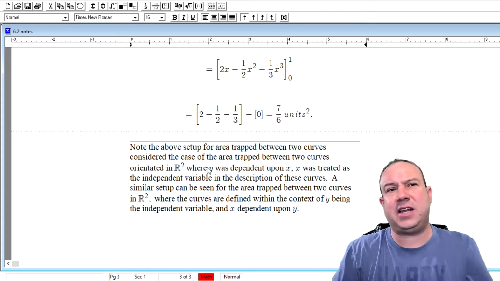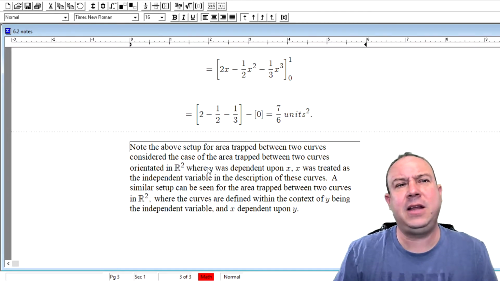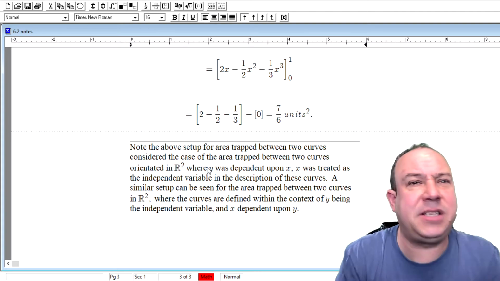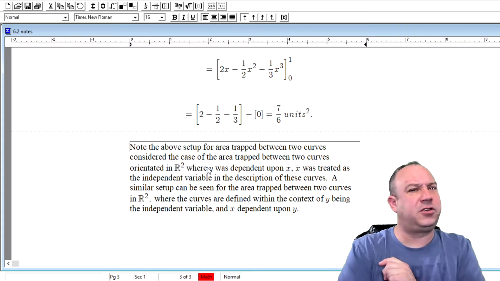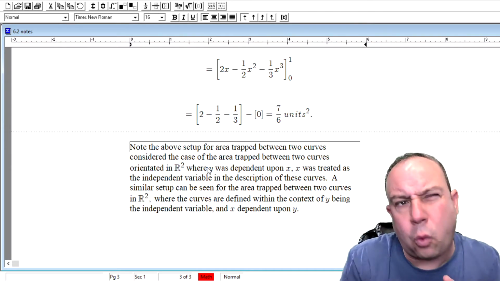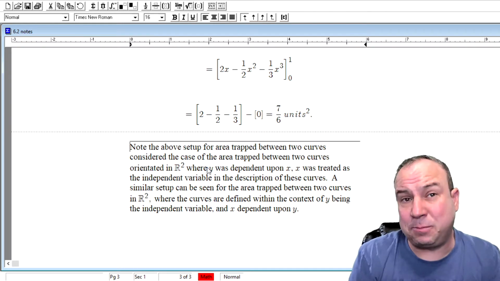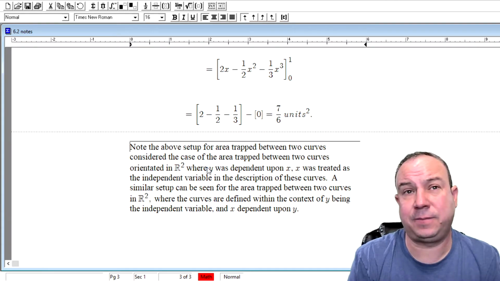X was treated as the independent variable in the description of these curves. A similar setup can be seen for the area trapped between two curves in two-dimensional space, where the curves are defined within the context of y being the independent variable and x being dependent upon y.